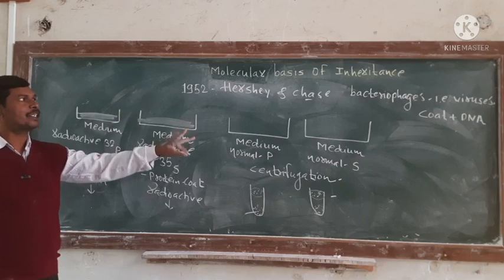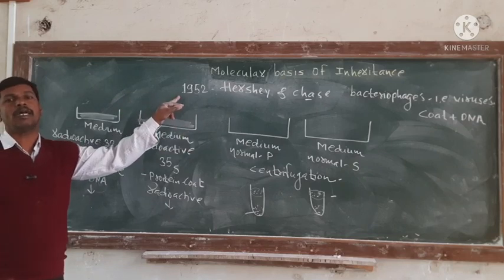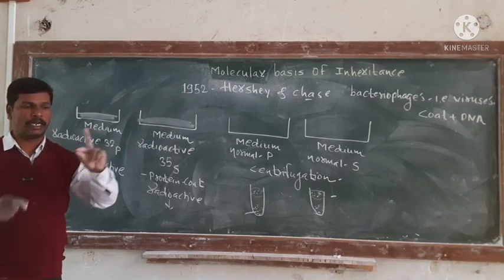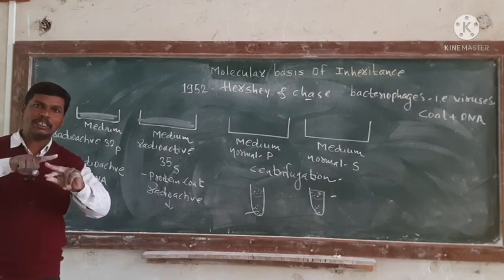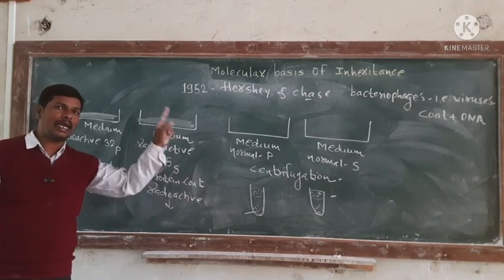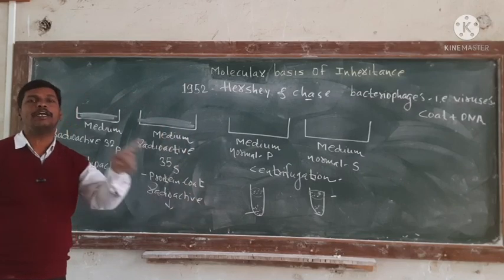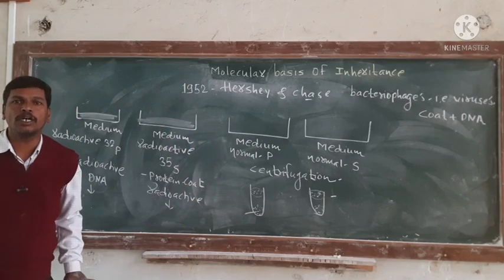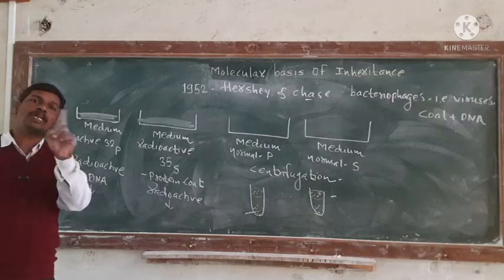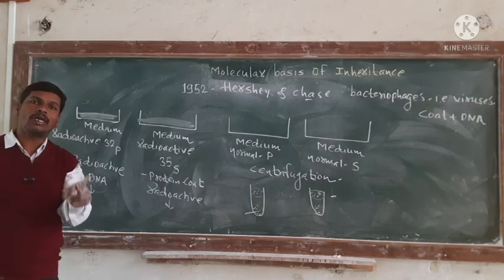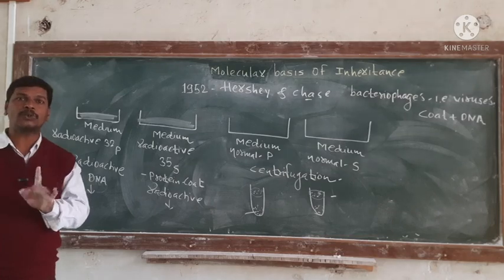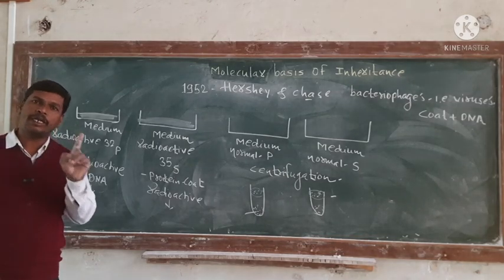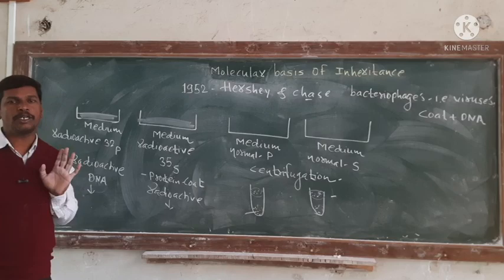But in the last experiment, performed in 1952 by Hershey and Chase, they clearly showed that DNA, and only DNA, is responsible for the genetic material or the transfer from one to another. In this way, these are the three different milestones which prove DNA is the genetic material. Thank you.